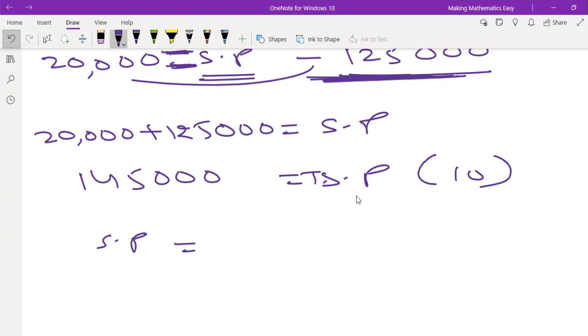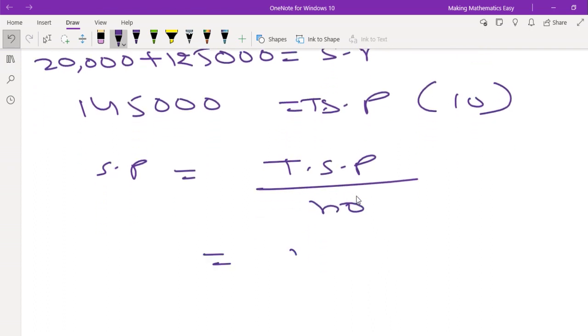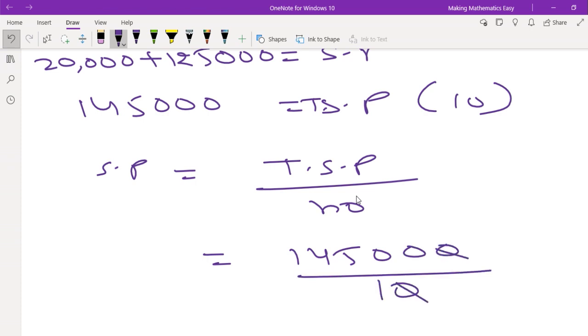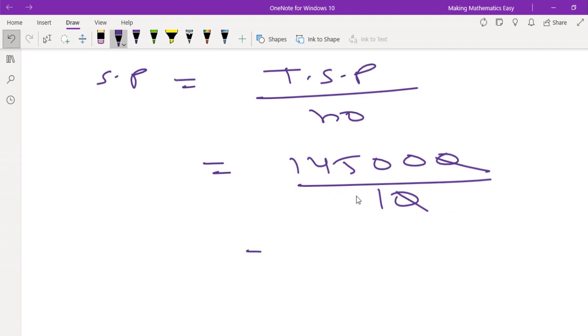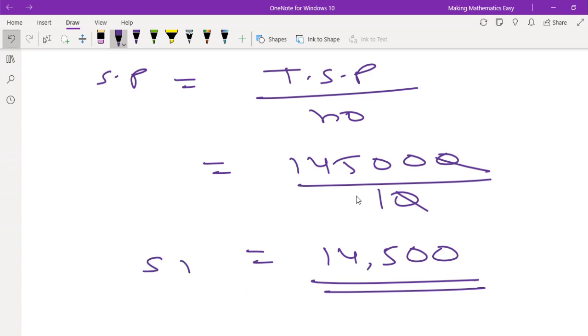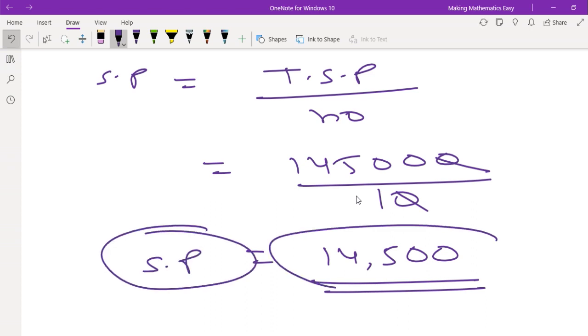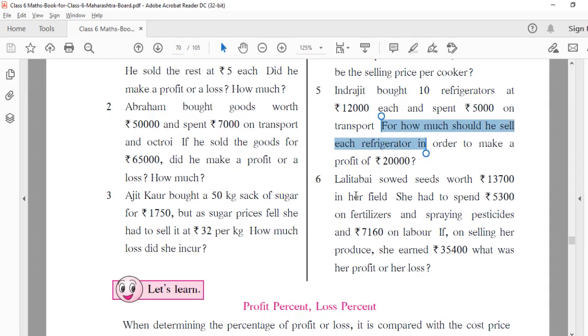So we need to find the selling price of one refrigerator, which will be total selling price divided by the number of refrigerators. So 1,45,000 rupees divided by 10. This zero will get cancelled, so the balance is 14,500. So in order to make a profit of 20,000, you need to sell each refrigerator at 14,500 each. This is what we had to find.